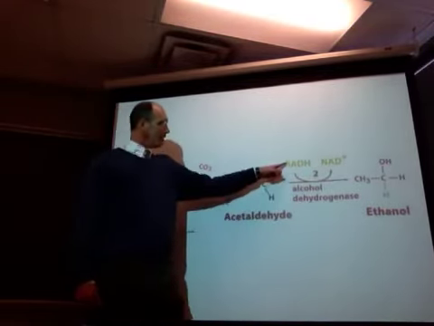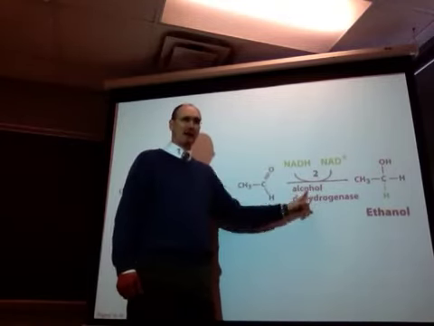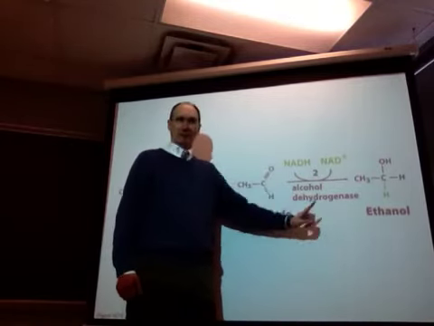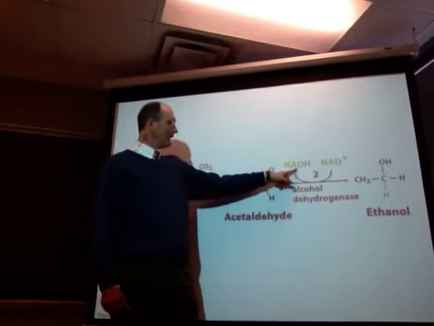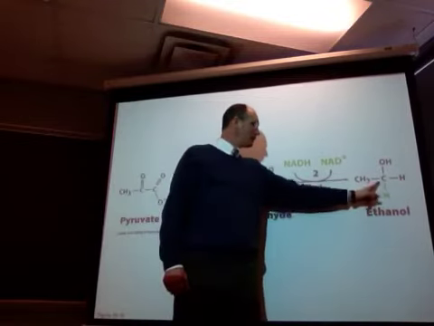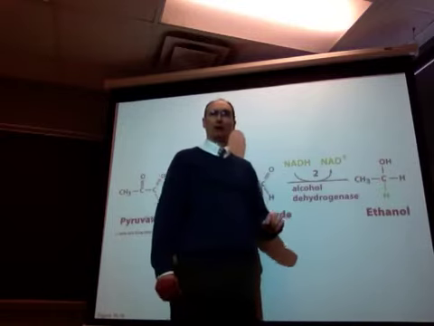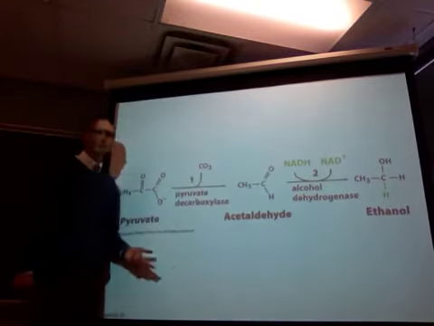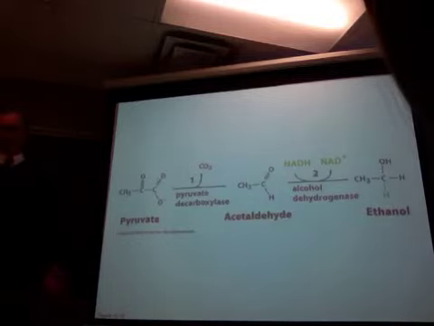Acetaldehyde then can be reduced, right? There is everyone's favorite enzyme, alcohol dehydrogenase, working in yeast, uses NADH as the reductant to reduce the aldehyde to a primary alcohol, and you make ethanol. Does that make sense?